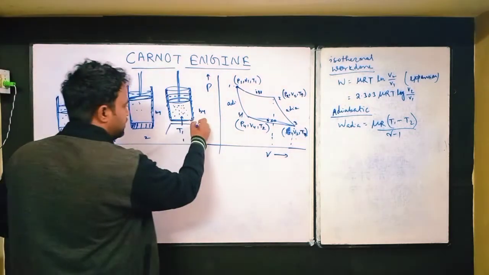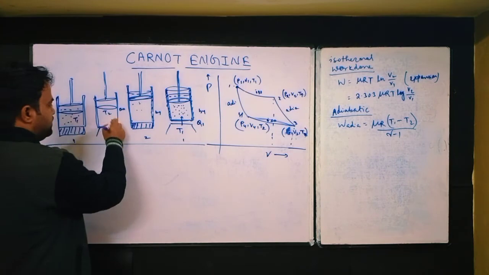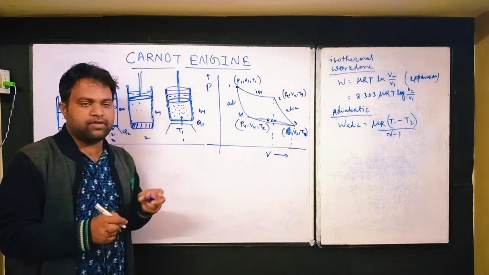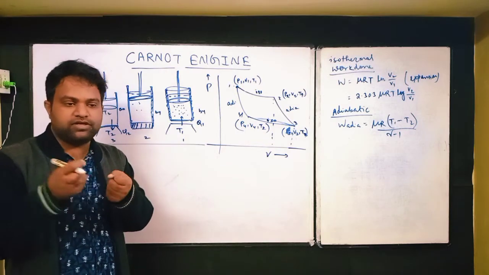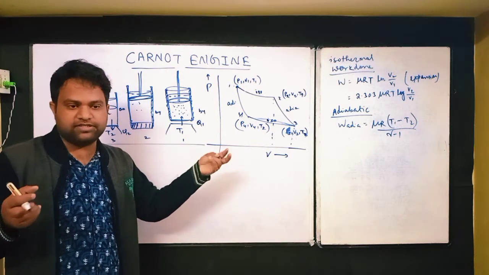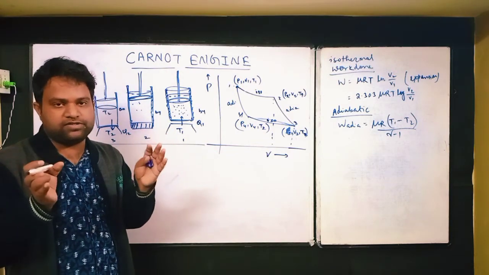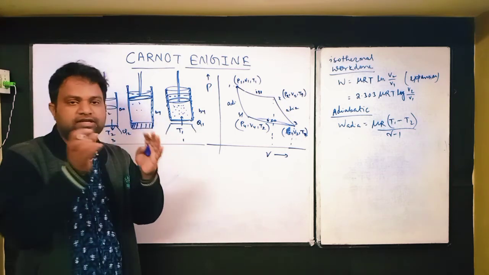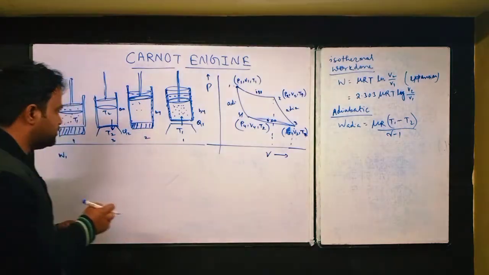So let's say Q1 amount of heat is supplied, and here Q2 amount of heat is rejected. So work done is the heat supplied minus heat rejected. The difference of the heat supplied and rejected is the work done.